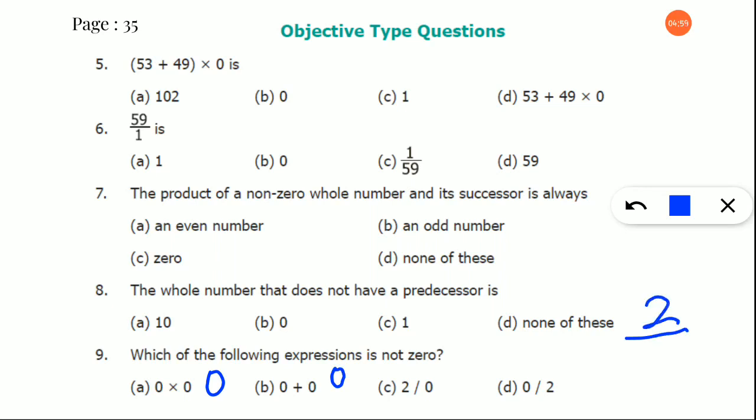Any number divided by 0 will give you infinity. Okay, and then wait, let us assume option C separately, and then option D. 0 by 2 will give you 0. So which one is not 0 here? The third one. Okay, 2 by 0 gives you infinity.